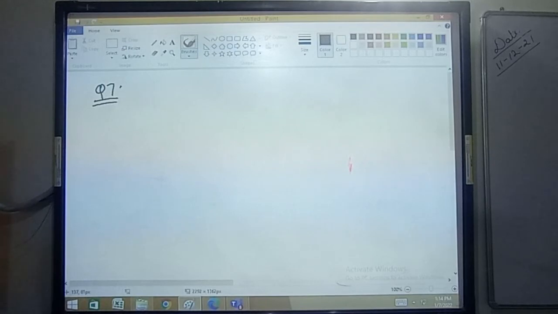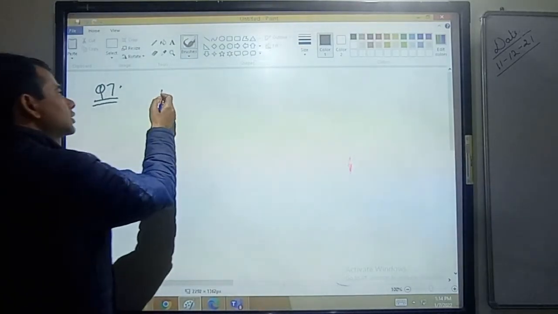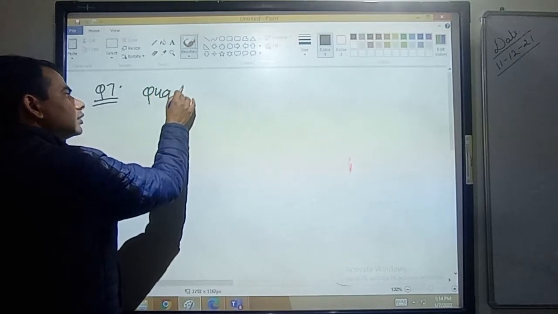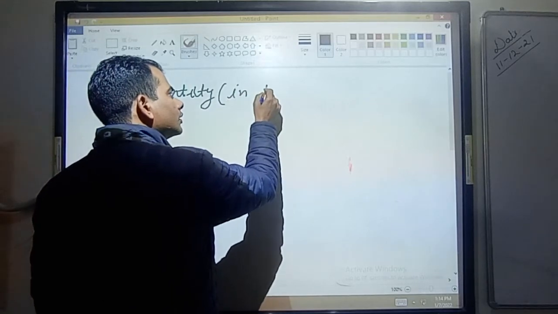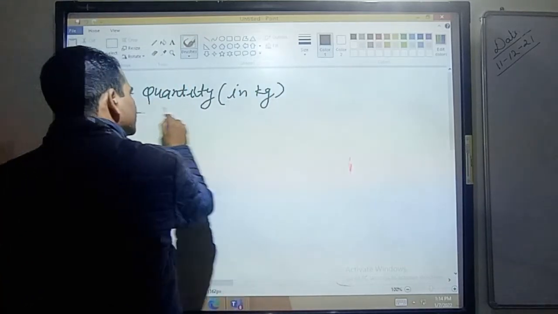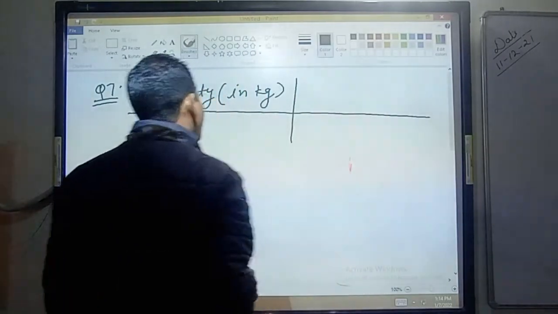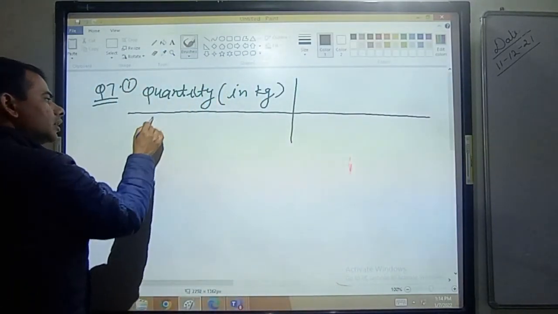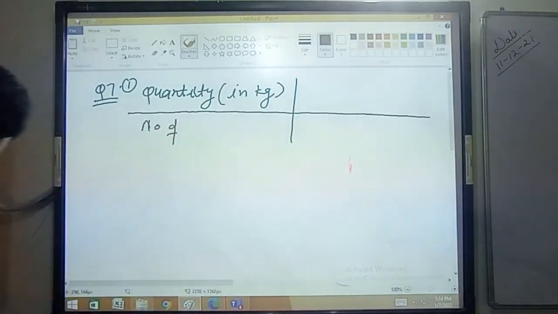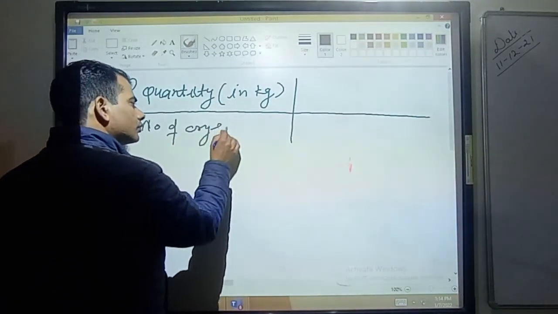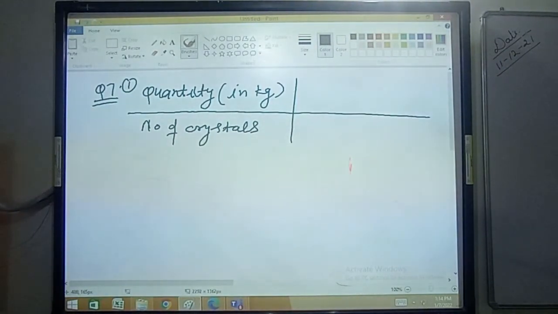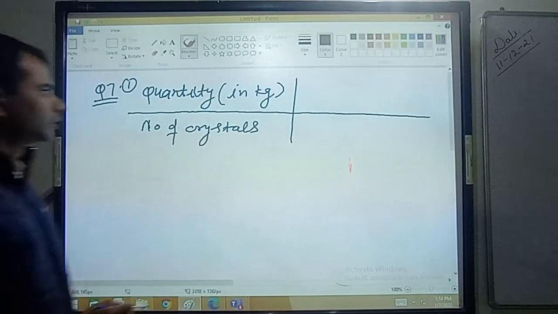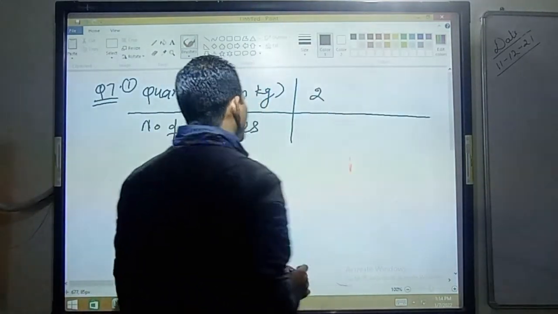Quantity of sugar is in kg, and then the number of crystals. 2 kg of sugar.